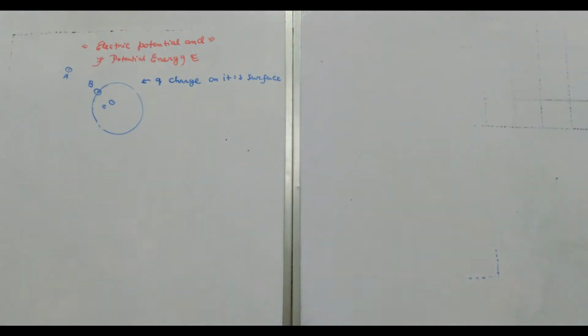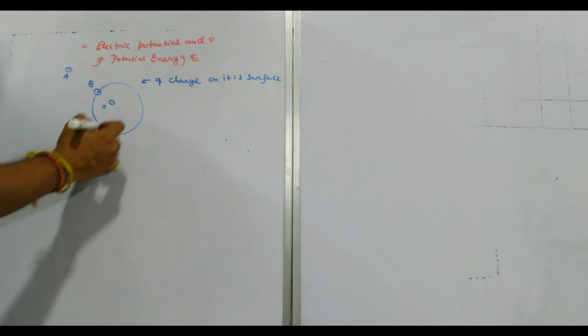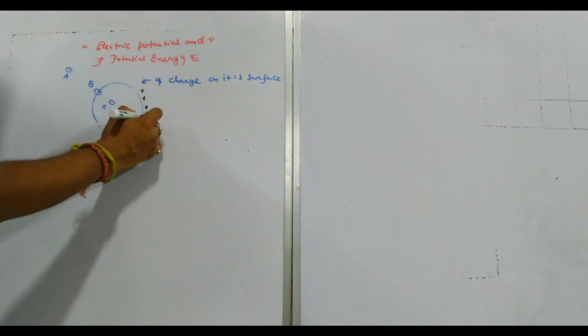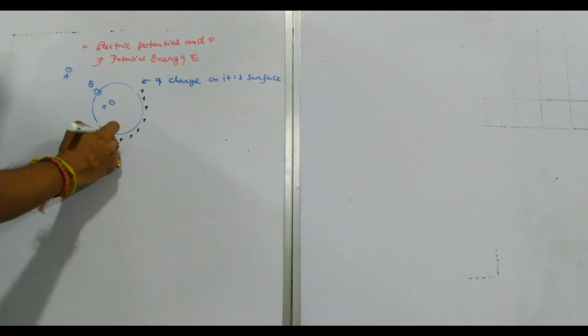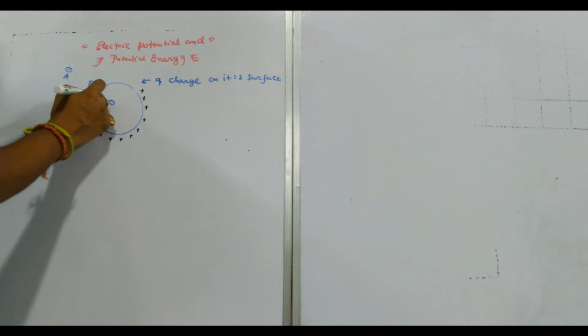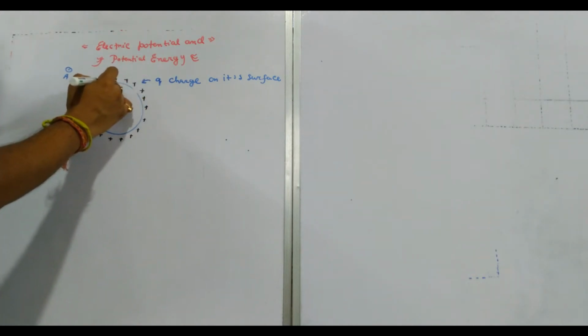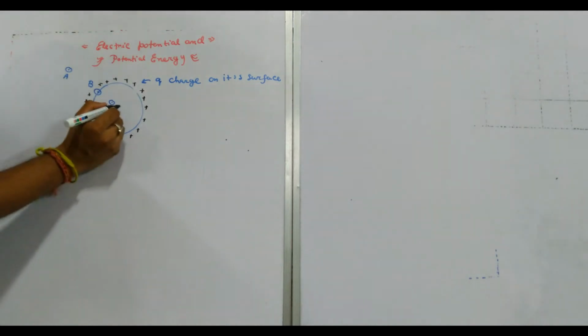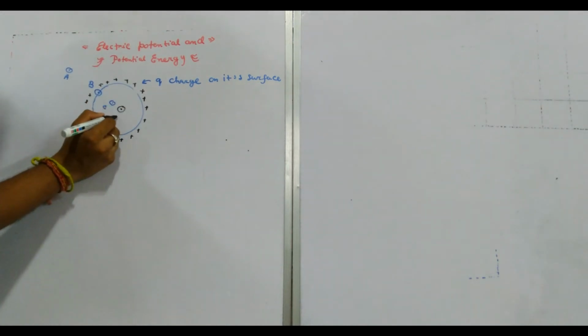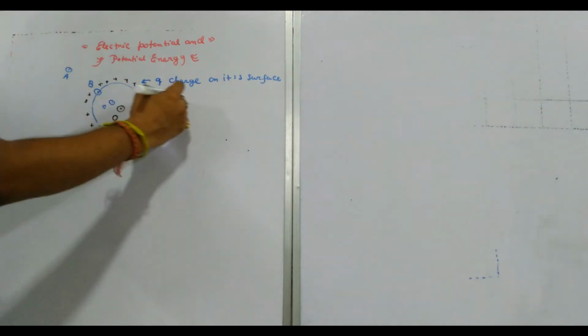And whenever we are applying a Q charge, then this Q amount of charge will be equally distributed on the upper surface of the spherical cell, because we know same type of charges repel each other.